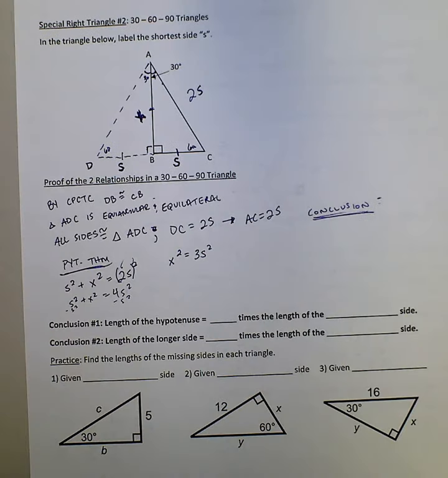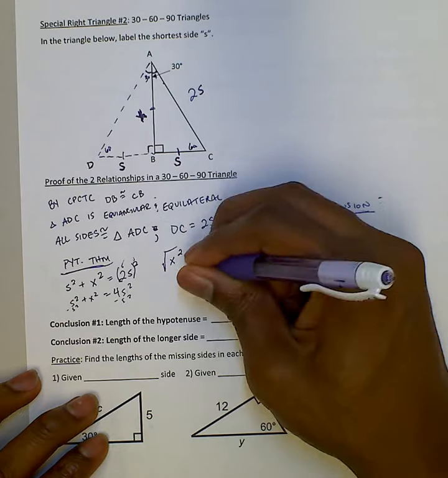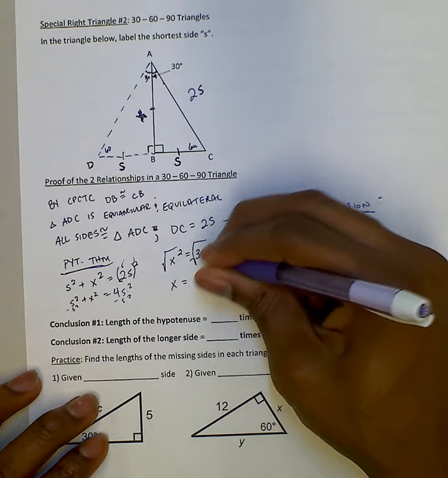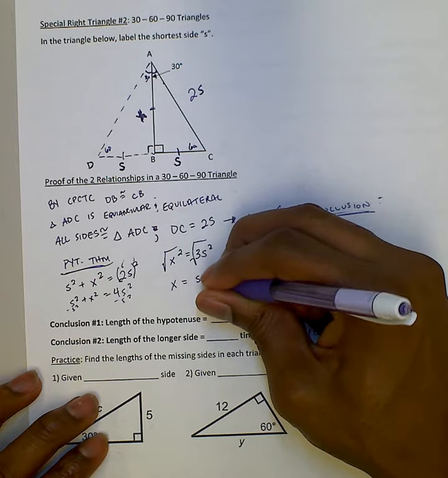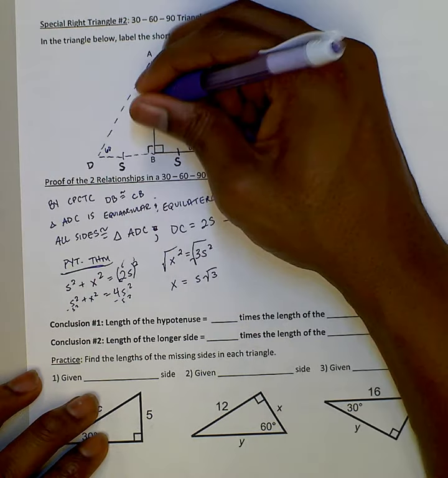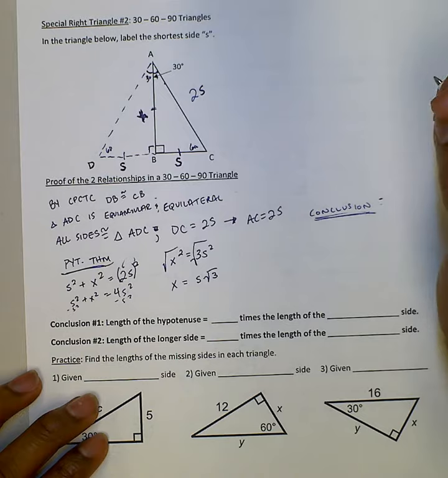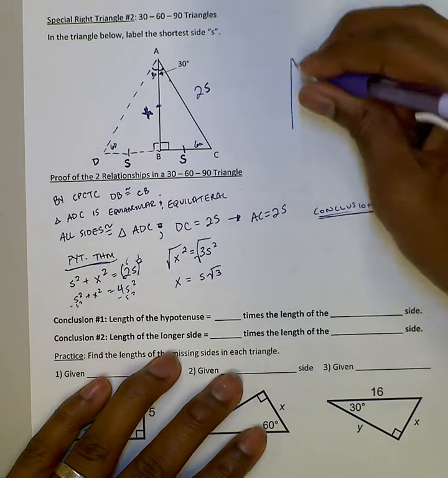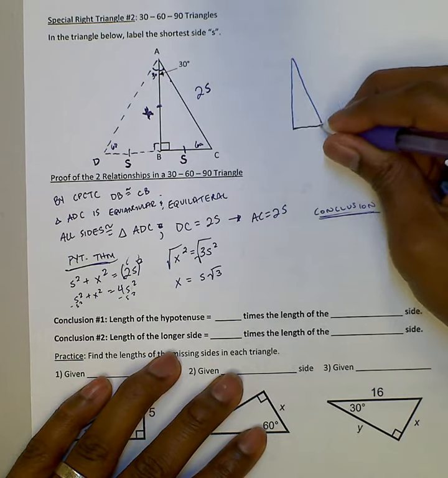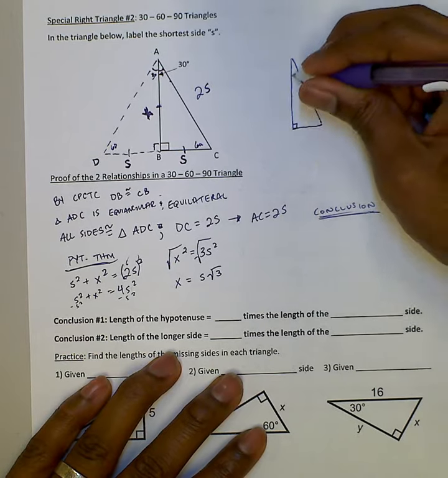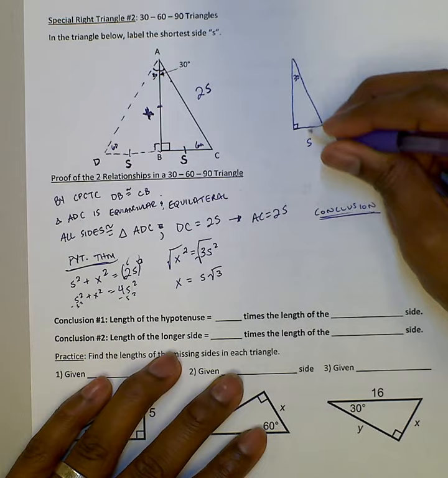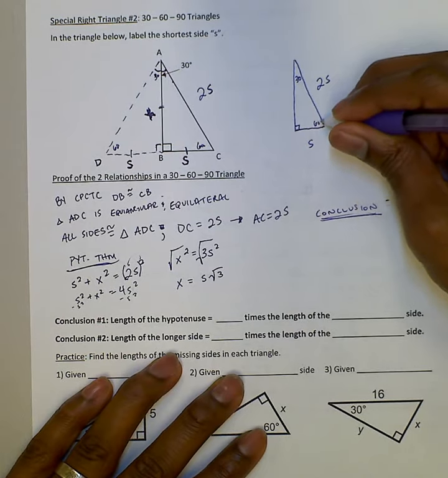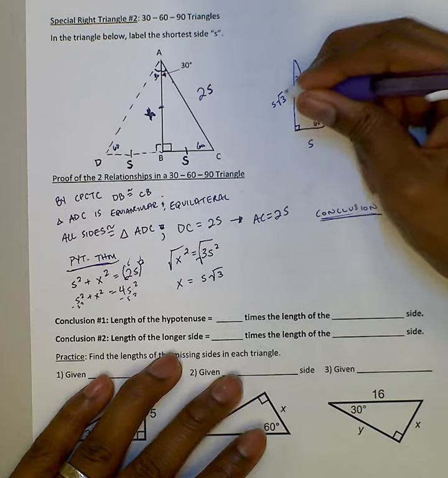Again, we take the square root to find out what X is. Using the same logic as with our 45, 45, 90 triangles, we come up with S radical 3. So this height is S radical 3. I'm redrawing this 30, 60, 90 triangle in its final form, how we want to remember it. Across from the 30-degree angle, we have S. Our hypotenuse will be 2S. And across from the 60-degree angle will be S radical 3.